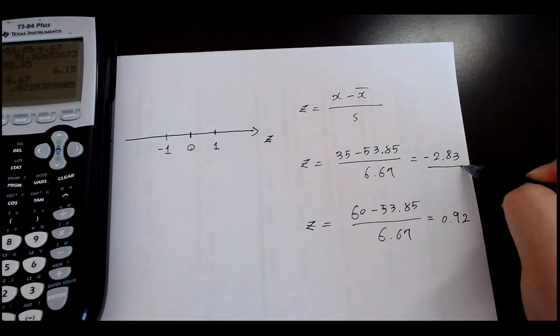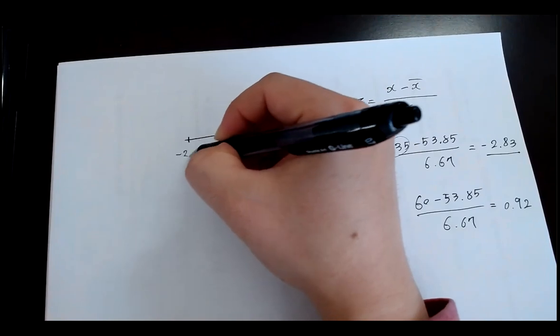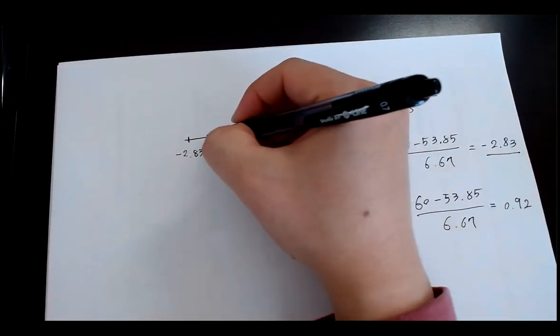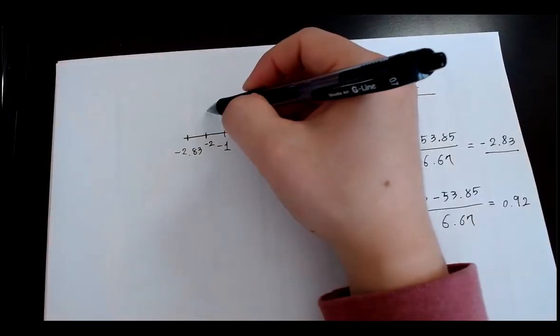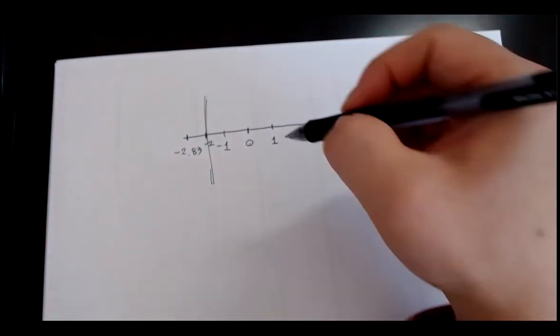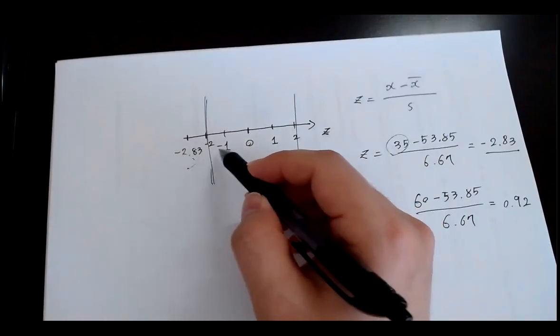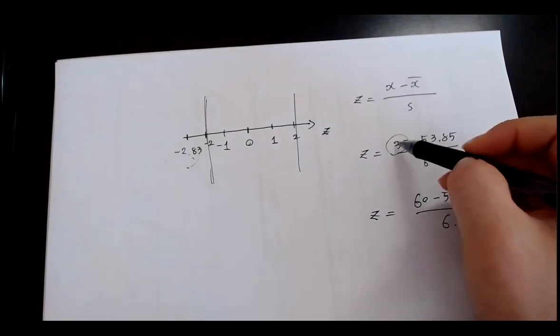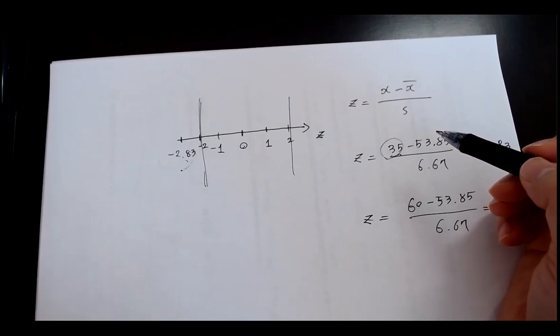Negative 2.83. It means that the Z-score of 35 is negative 2.83. If a certain value's Z-score is less than -2, then that value must be significantly low, right? So that's the cutoff value right here, -2, and here's 2, the other cutoff value. Since negative 2.83 is below -2, it means that the data value 35 is more than 2 standard deviations below the mean.